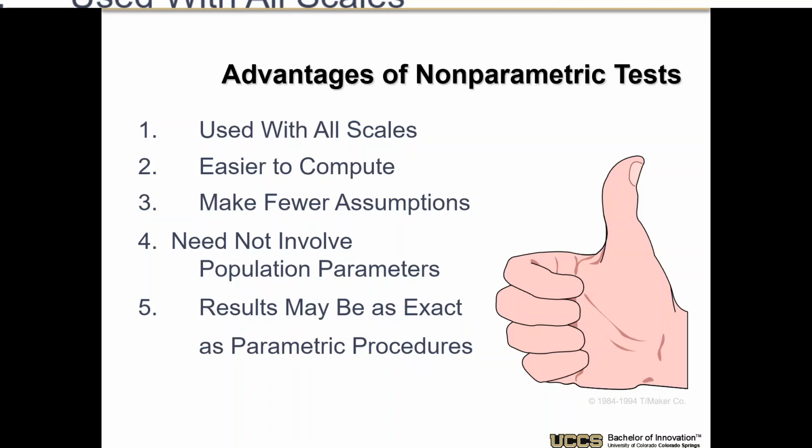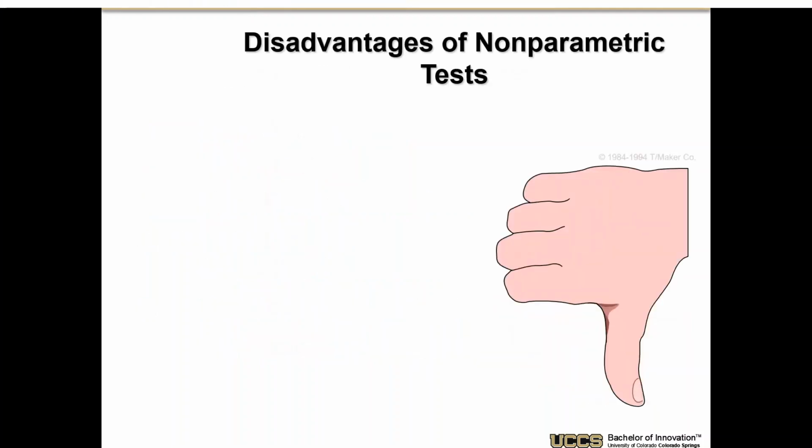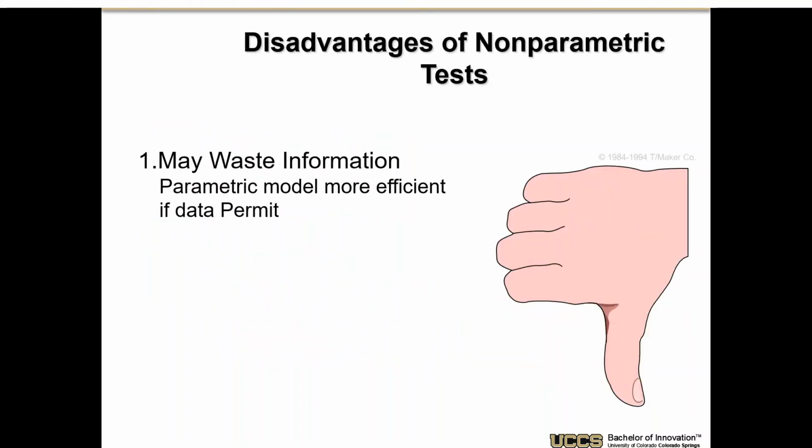But some of the disadvantages. First of all, they can waste a lot of information. They're not as efficient statistically as the parametric models. If the rules for the parametric models apply, with the same amount of data, they can make decisions, hypothesis tests, with better p-values than the non-parametric ones. So a p-value, this is why I want to be careful relating it back to alpha.